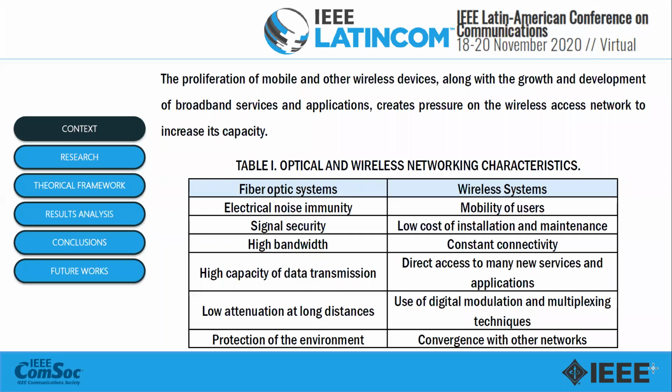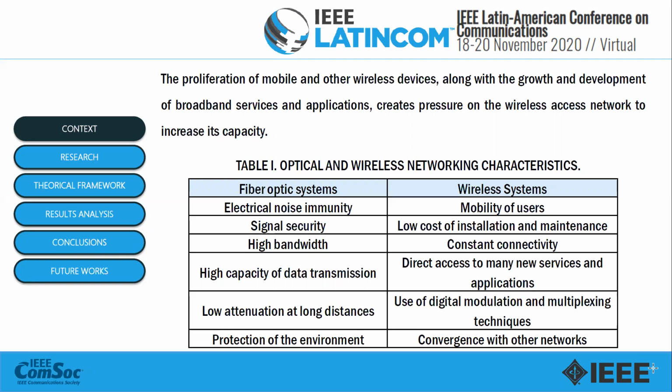As you can see here in table 1, we have outlined the optical and wireless networking characteristics, the fiber optic systems versus the wireless systems. The characteristics of fiber optic systems are electrical noise immunity, signal security, high bandwidth, high capacity of data transmission, low attenuation and long distances, and protection of the environment.